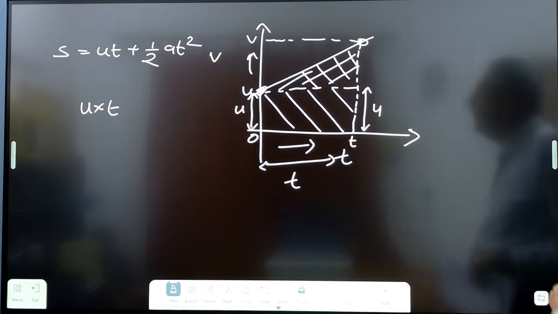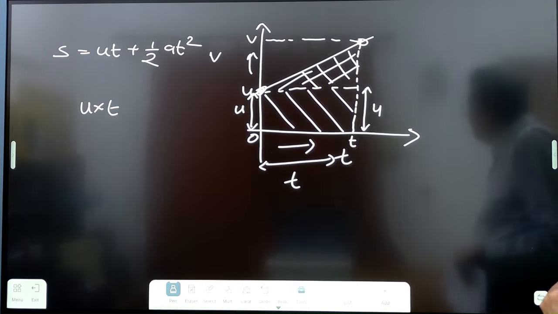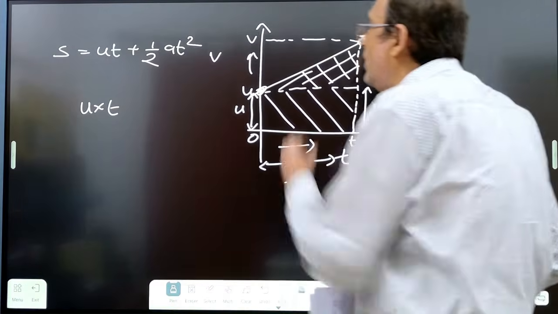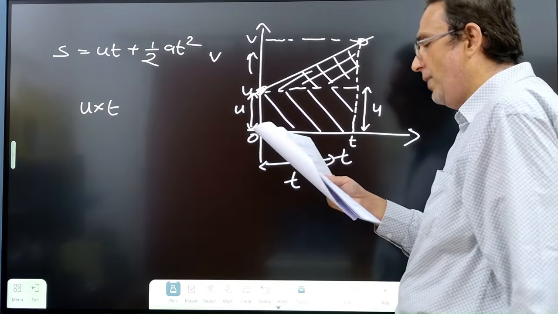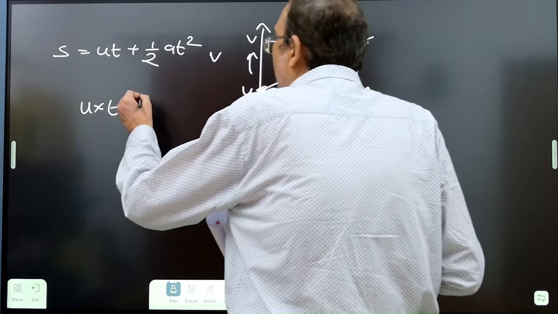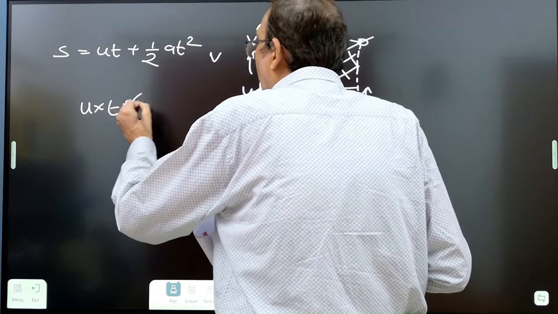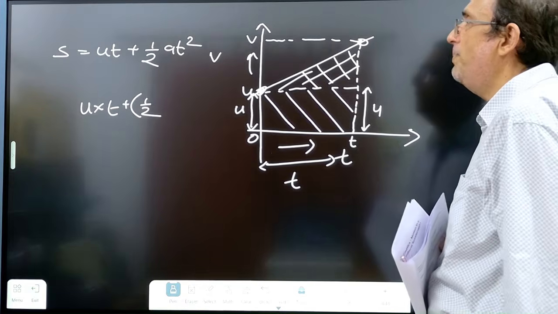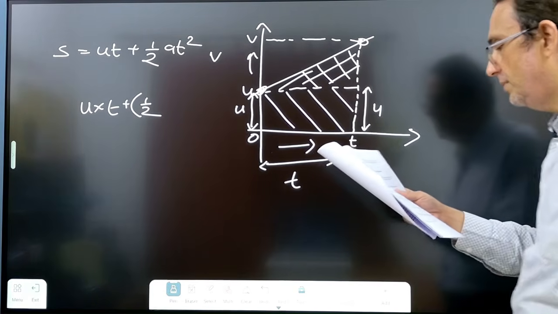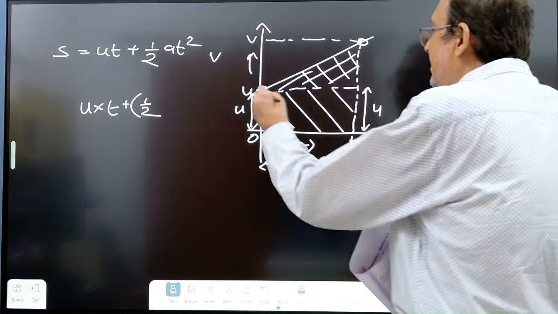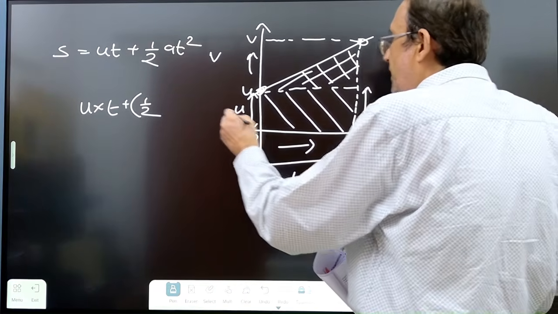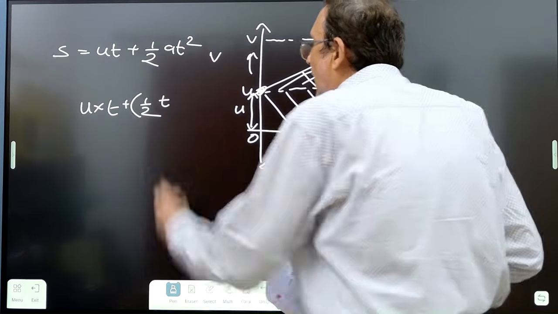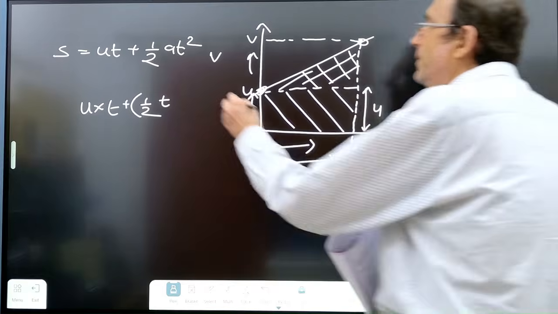So this is the area of the rectangle. And then what about the area of the triangle? The area of the triangle is half base into height. So what is base? Base is basically t, obviously, and the height is u minus v.